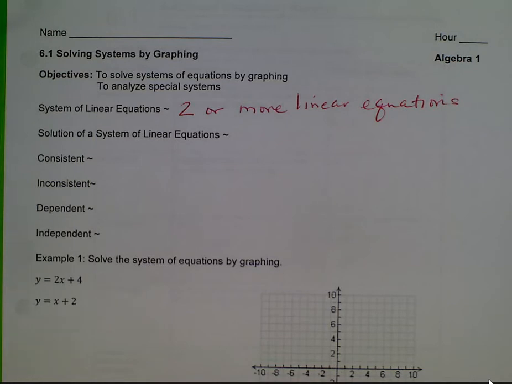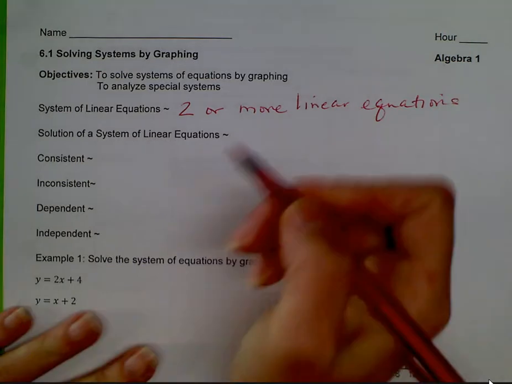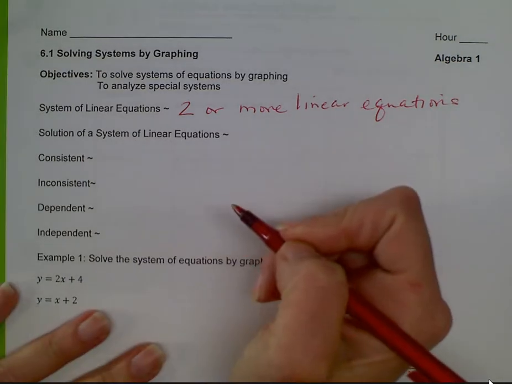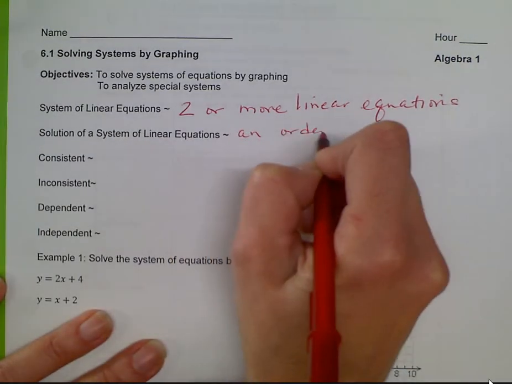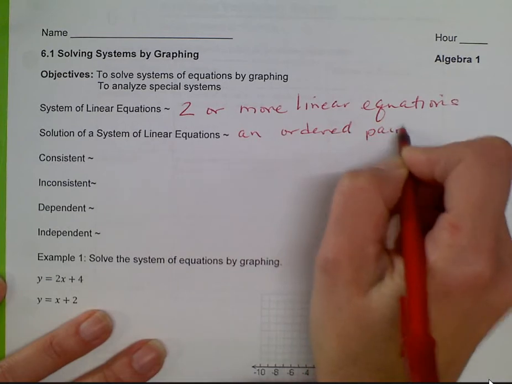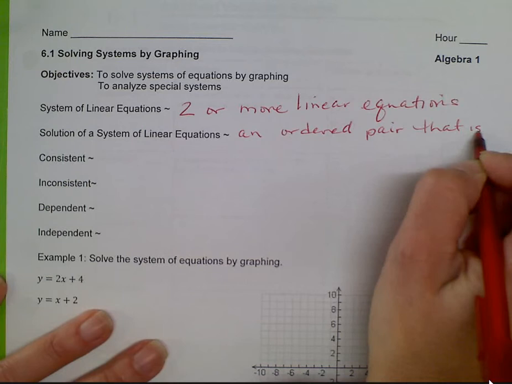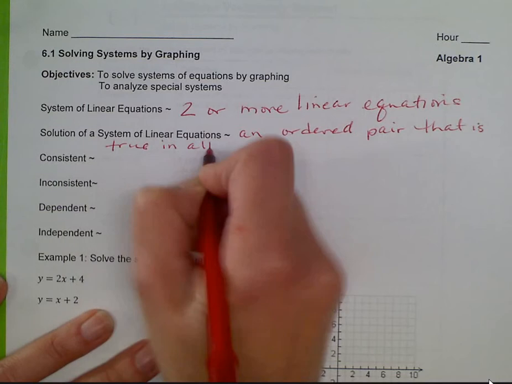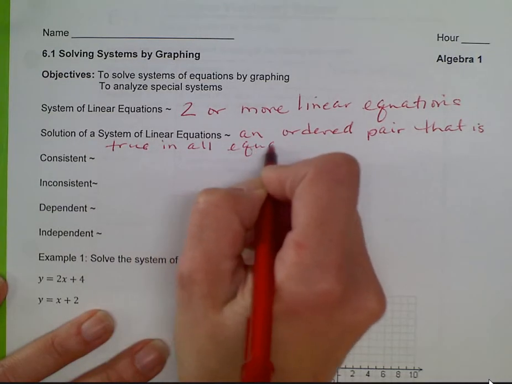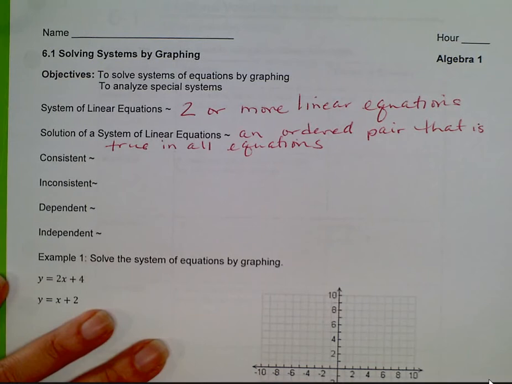All right, so a system of linear equations is two or more linear equations. The solution is going to be an ordered pair that's true in all those equations. Consistent is a system of equations with at least one solution.